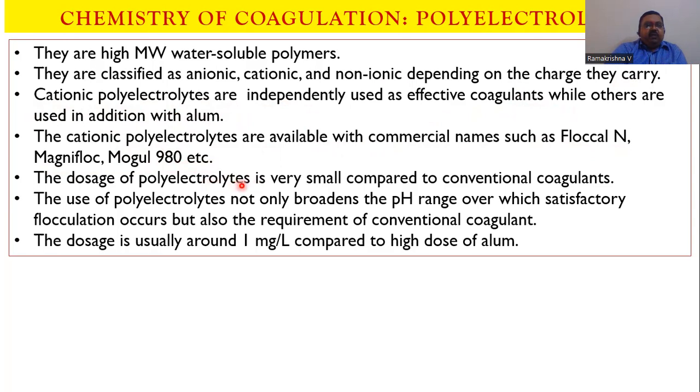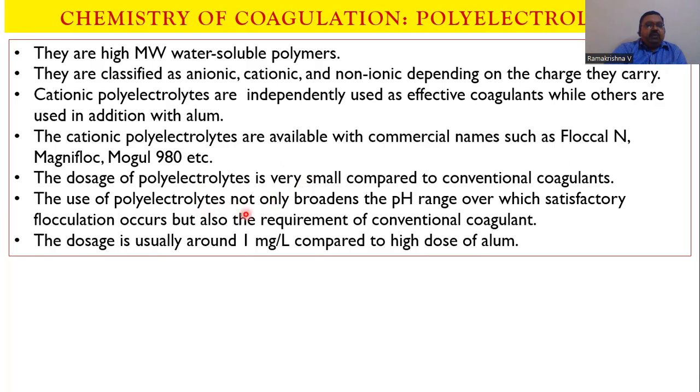The dosage of polyelectrolyte is very small, for example, up to 1 milligram per liter, whereas in alum, you are seeing 10 to 30 milligrams per liter. So a small amount is required and it is available cheap. It doesn't have much complicated reactions. The sludge produced also will be less.